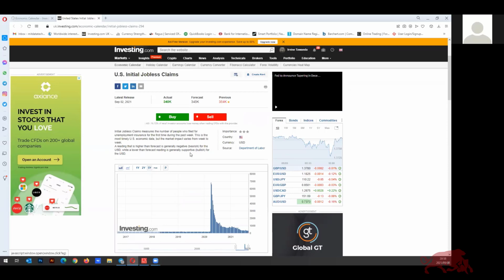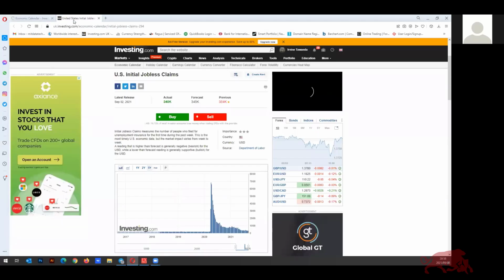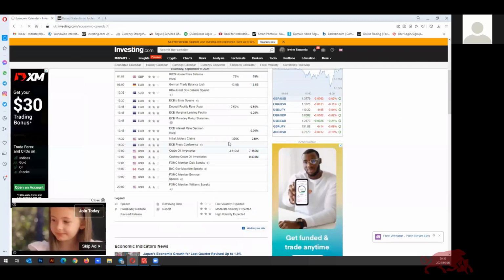They're generally expecting it to be bullish, but take note of the number that comes out. They're anticipating 335K, which is lower, so they're expecting fewer claims, meaning more people have gone back to work. So if we get any number less than 335, expect the dollar to what?